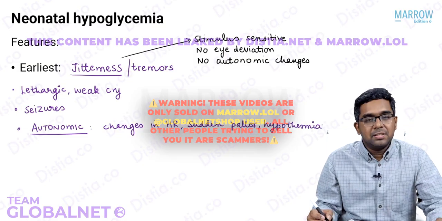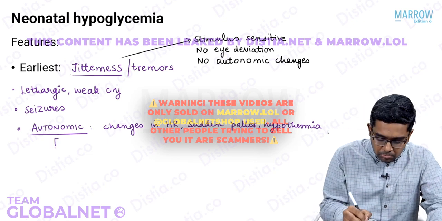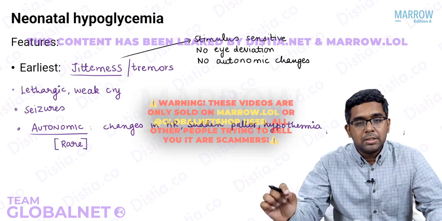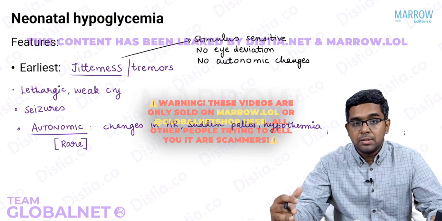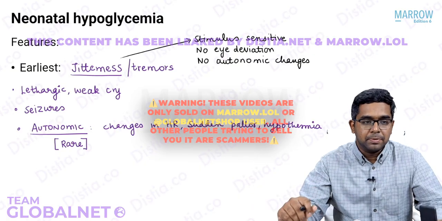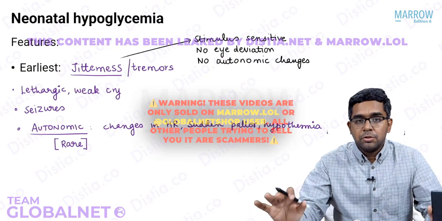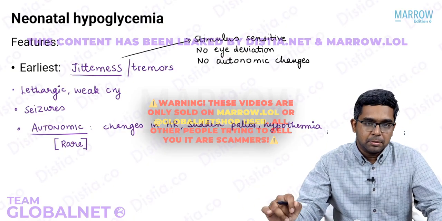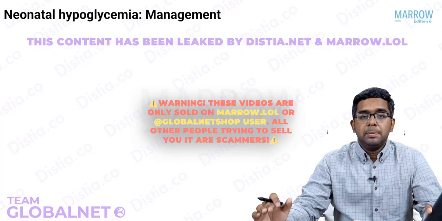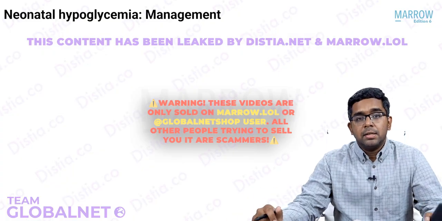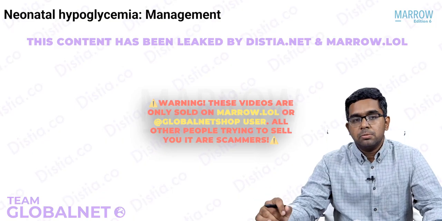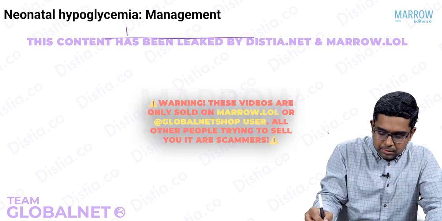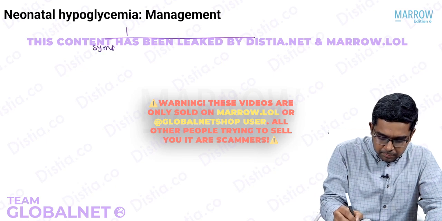These are all autonomic manifestations, but generally remember, autonomic manifestations are rare in a newborn when compared to an older child or adults, where autonomic manifestations usually accompany hypoglycemia. So that's a distinction which you should be aware of. These are the important features of neonatal hypoglycemia. Having studied which group of babies are at risk for hypoglycemia and the features of hypoglycemia, you should also know about management of hypoglycemia. The management depends on whether the baby is symptomatic or asymptomatic.